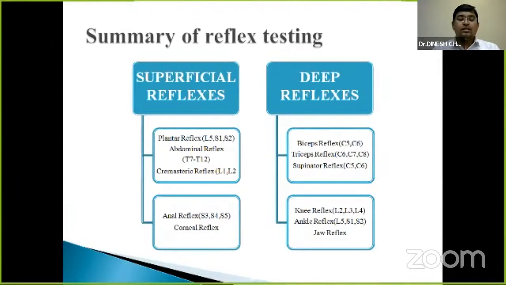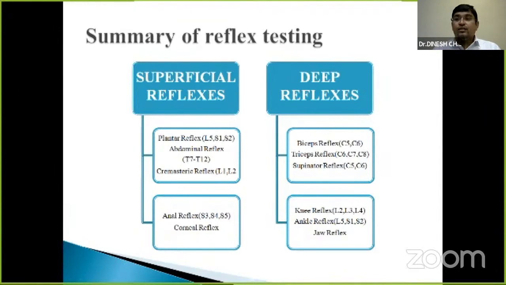For the cremasteric reflex you scratch the inner thigh in the groin region and you will see upward movement of the testicle. That means the reflex arc is intact, which suggests an incomplete spinal cord injury.